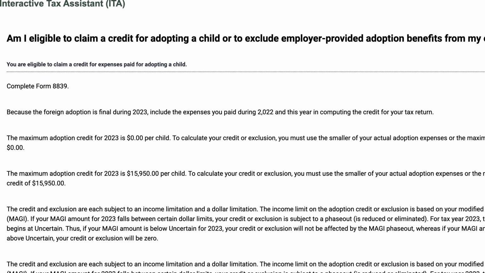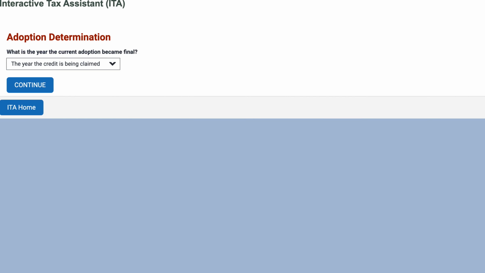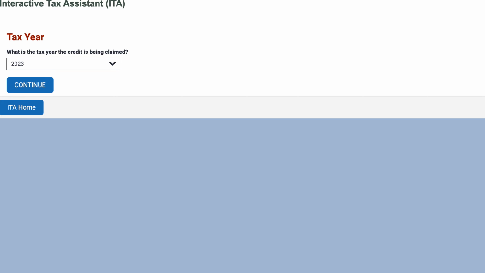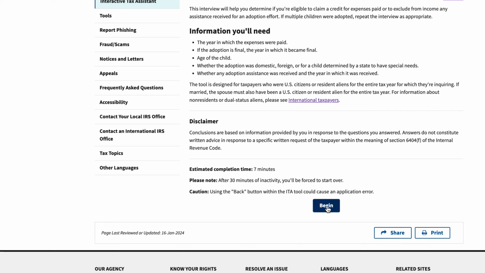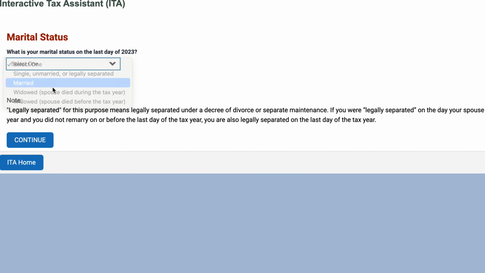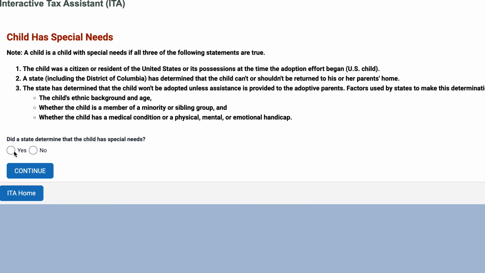I'm going to go ahead and back out of this and try to redo this. Sometimes cookies get hung up in the tax assistant. So each time you go through it, it's probably a good idea to just go ahead and clear that out. And let's start over again. So we're going to answer the questions in the same way.